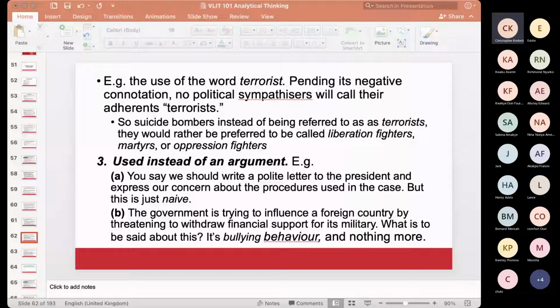Let's look at two examples here. For example, you say we should write a polite letter to the president and express our concern about the procedures used in the case. But this is just naive.